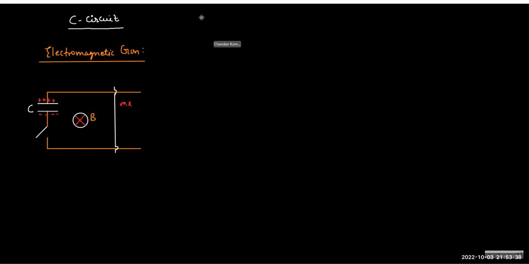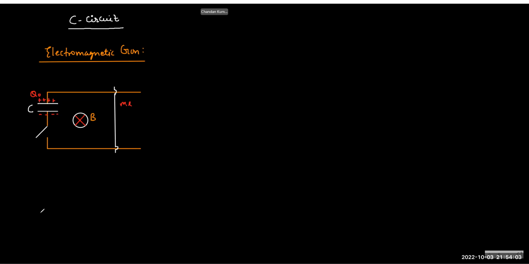The moment you switch, let's say the charge here is Q. So the moment you switch on, current will flow because the capacitor will create the current, and because the current will flow, the rod will accelerate actually.